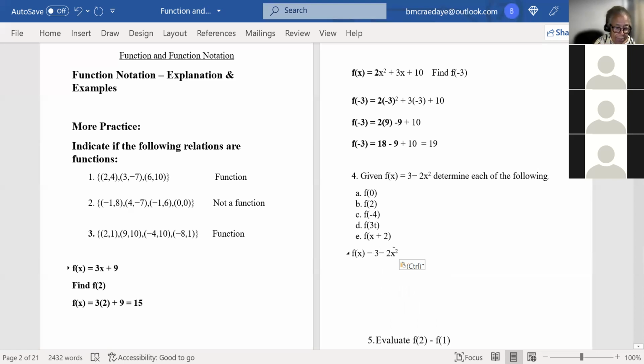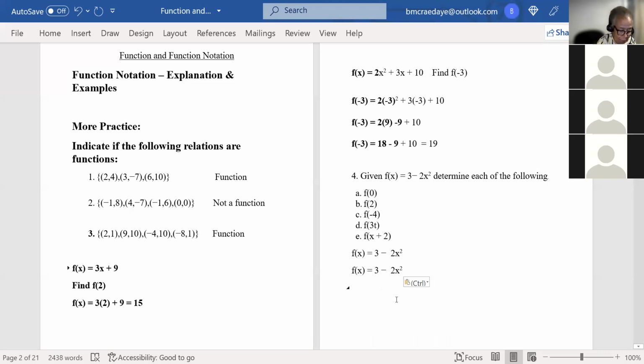Wherever you see an x, you're going to put what? I'll just get you started here. F of 0. So you put the 0 where the x is. So we say f of 0, and wherever the x is, you're going to put the 0.